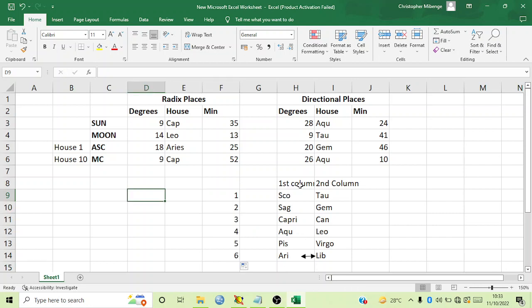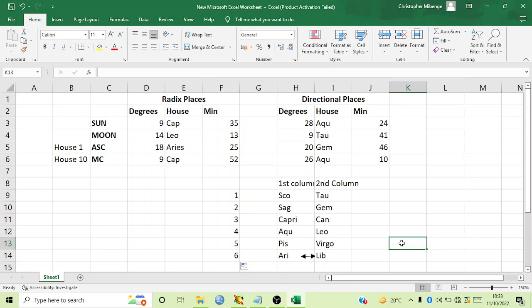We'll start with the 6th position of the first column, put the first house, then go to the second column and continue the count based on the arrangement of the houses. So I've got Taurus, the second house, third Gemini, Cancer, fourth. Once we reach the 6th house, we continue the count on the first column. So from Libra, we've got Scorpio, the 8th, Sagittarius, Capricorn, Aquarius, and Pisces, and we end the count.